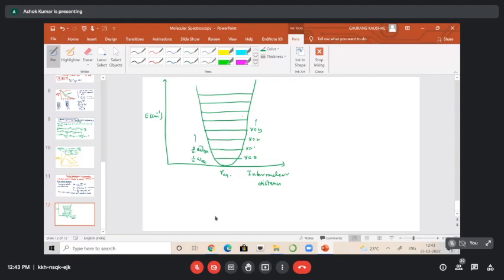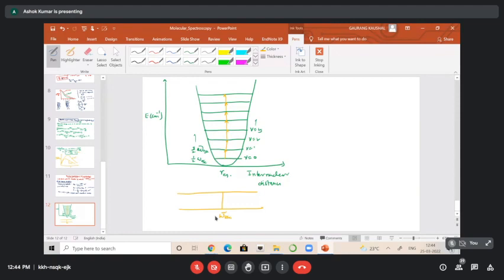This vibration energy spectrum is equally spaced. If you draw the spectral intensity or spectral line, you will see a single line at omega oscillation, because the energy levels are equally spaced.